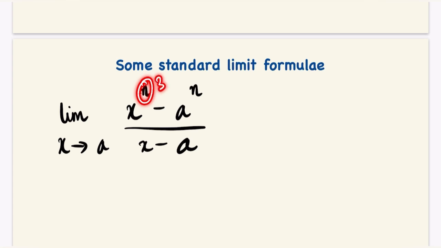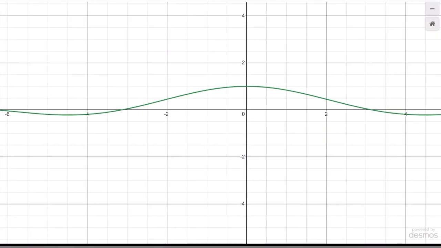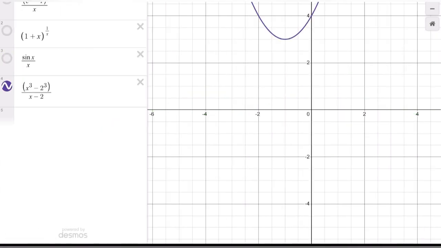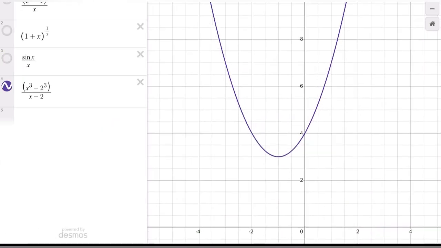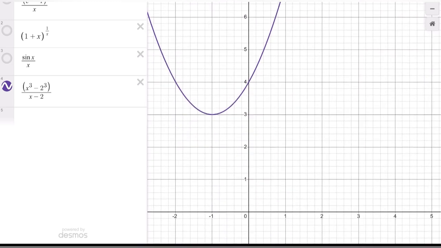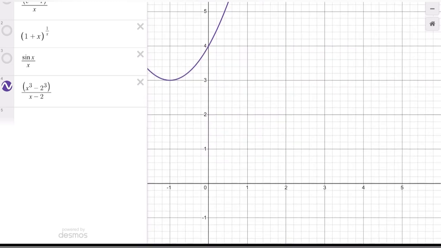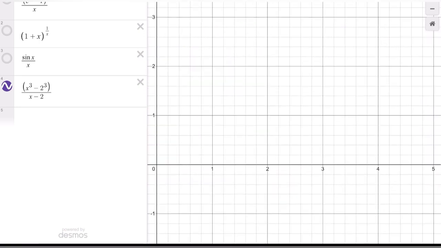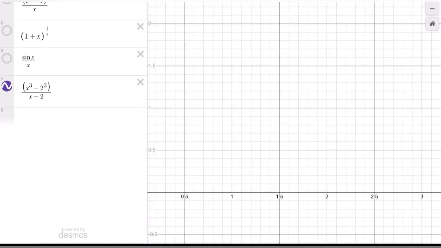Let's take, for example, again, n as 3 and maybe a as 2. And let's see how the graph of the function looks like. So the graph of the function x raised to 3 minus 2 raised to 3 upon x minus 2 looks like this. What happens when x approaches 2? You can see 2 over here on the x-axis.